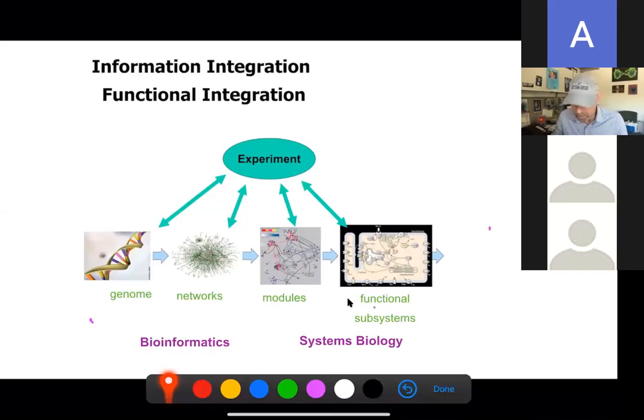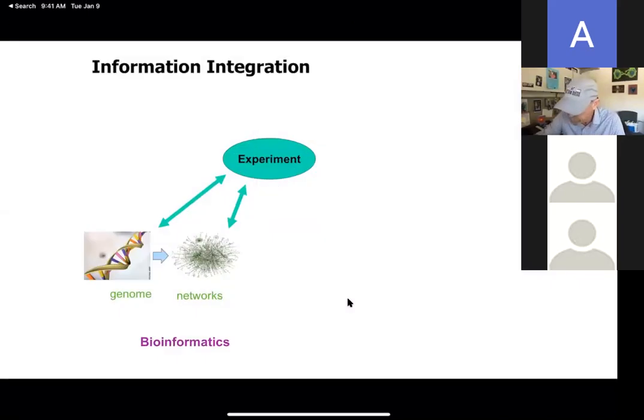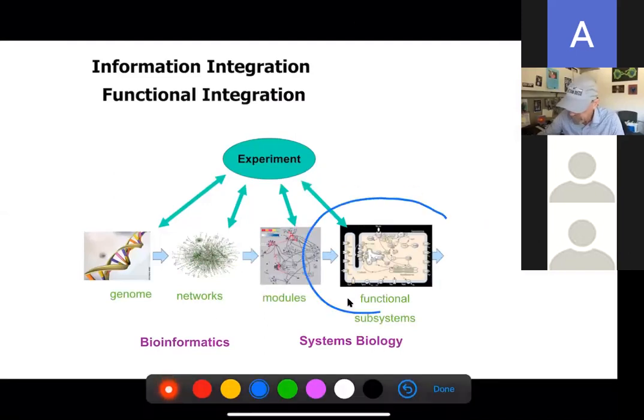The next level of integration is what we call functional integration, where now that we have networks that we can reconstruct into modules and functional subsystems, like what you see here, a little cartoon of a network in a cardiac muscle cell that's responsible for ionic currents and calcium handling, called the excitation contraction coupling system.